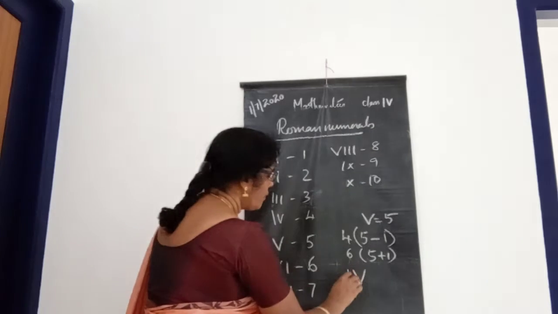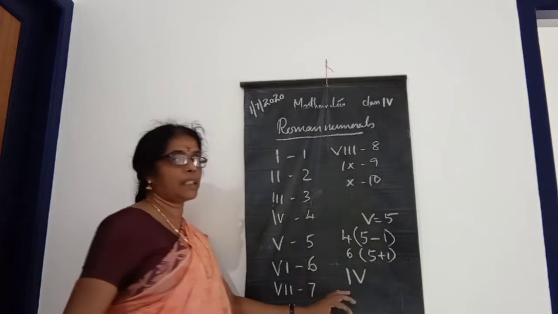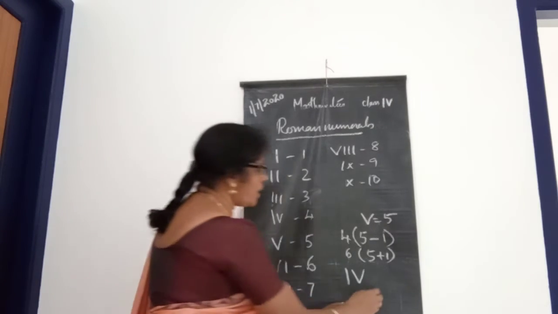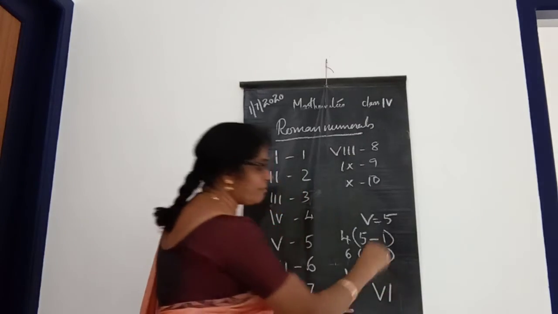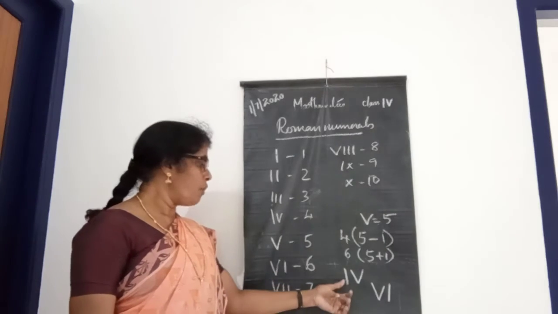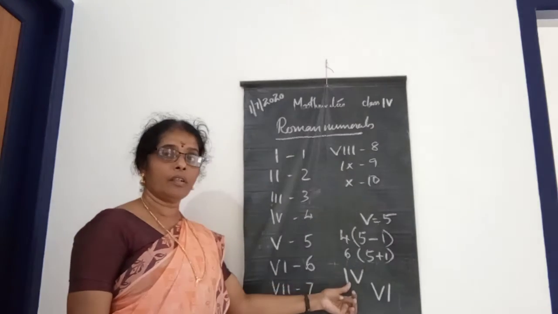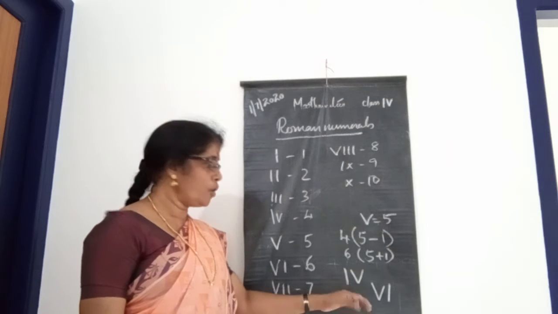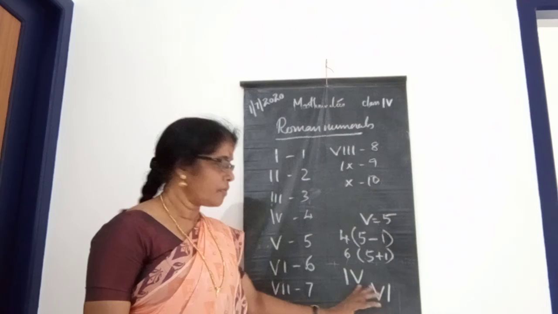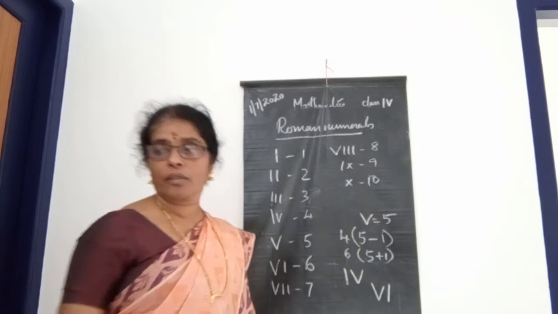You have to keep the 1 on the left side. That is 5 minus 1, 4. And 5 plus 1, 6. If you write the one before 5, that is 4. After 5, that is 5 plus 1, 6. Then this one is 4 and 6. Okay.